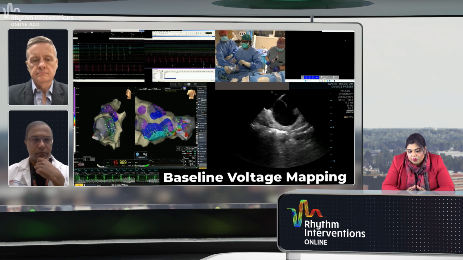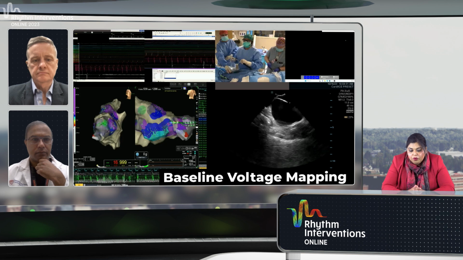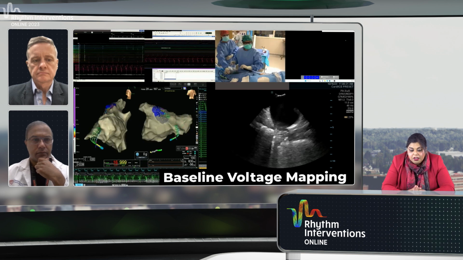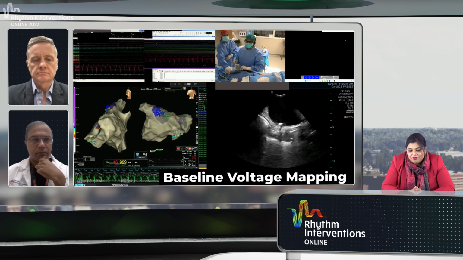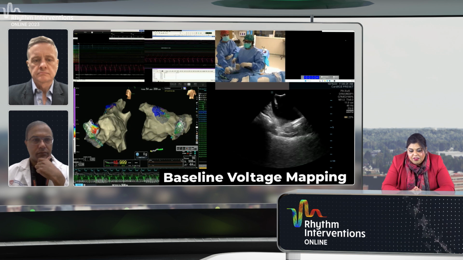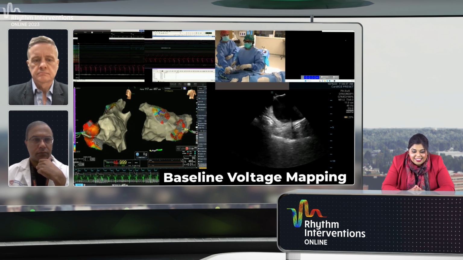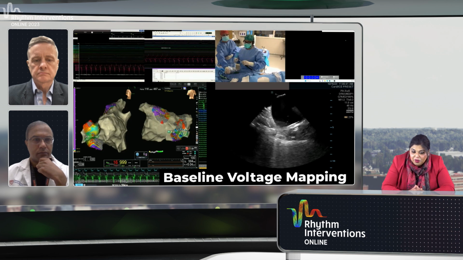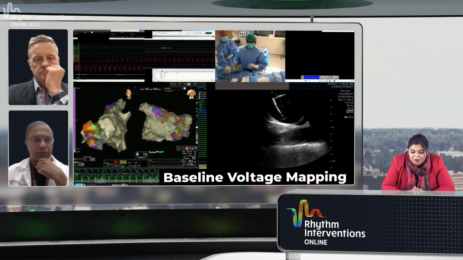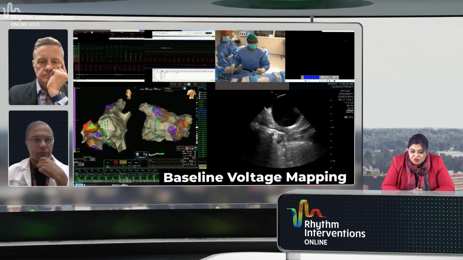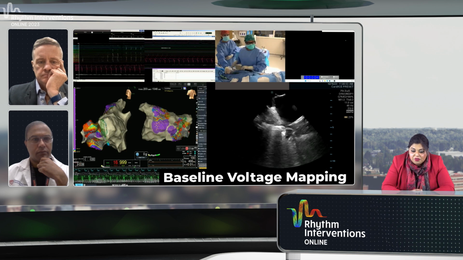And so we collect our baseline voltage mapping. You'll see as we're looking at the voltage that this is what I would call more of a PV ostial isolation, kind of how we used to do them a long time ago, not the routine antral isolation that we do now.